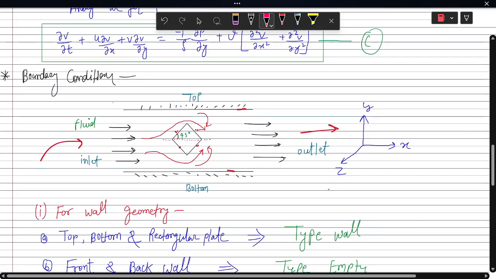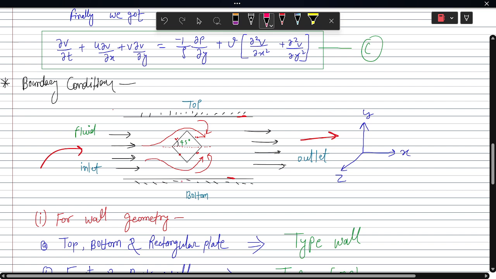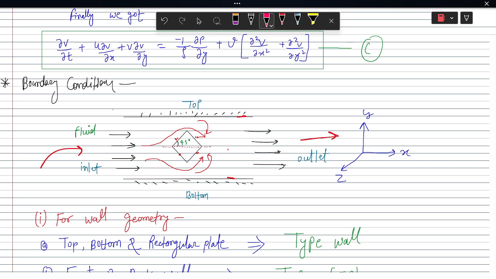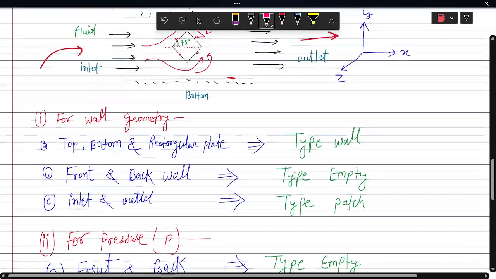Okay, so now if I discuss the boundary conditions, you can see here this is a plate which is oriented at 45 degrees from the horizontal. This is the outlet, this is the inlet. Now I'm focusing on the boundary conditions.